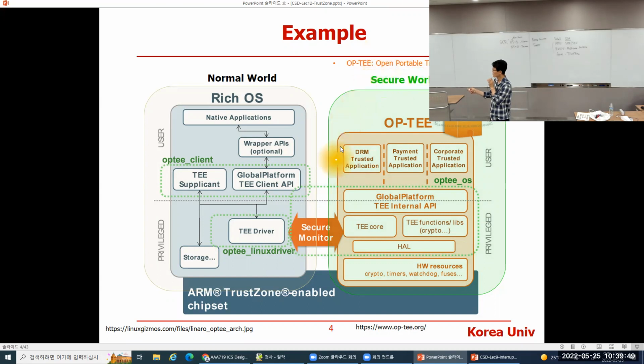Software in secure world. So the thing is, in normal world, you need to have a full software stack from operating system to application program. And in secure world, you have applications like digital rights management, legal access to the digital content, and a payment application.